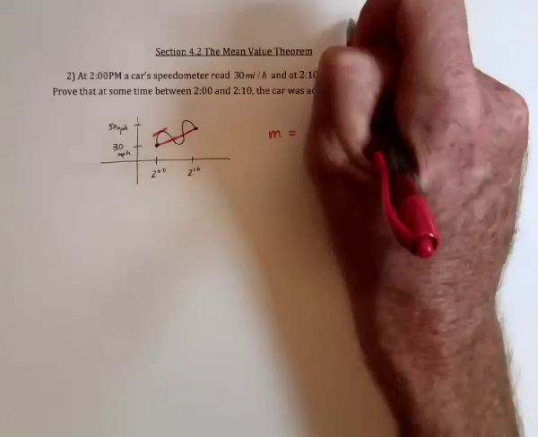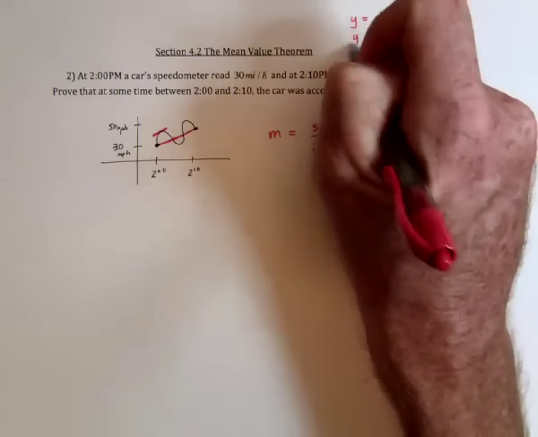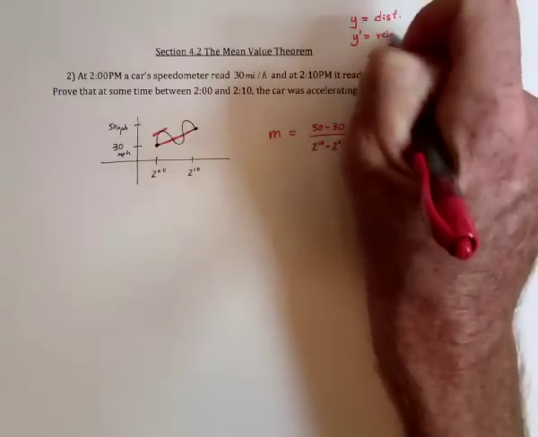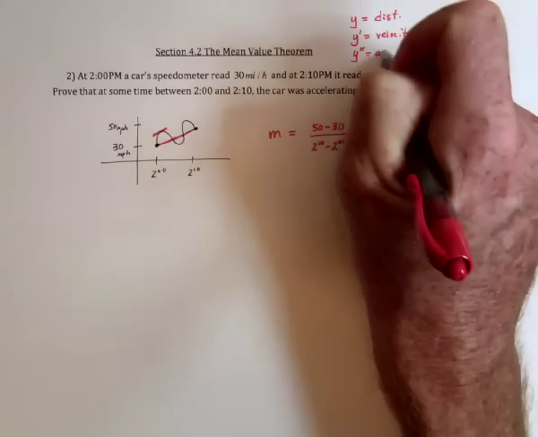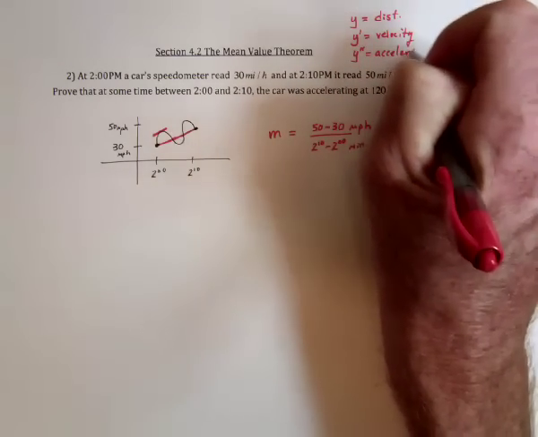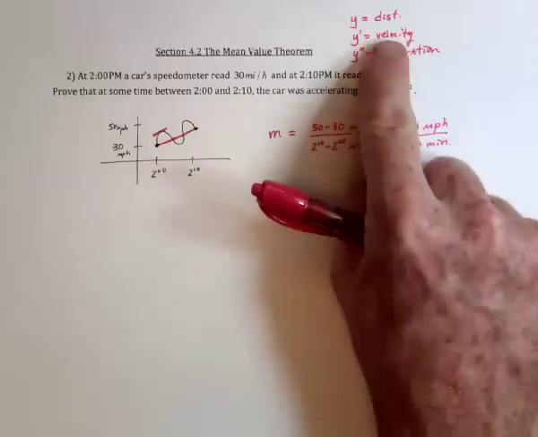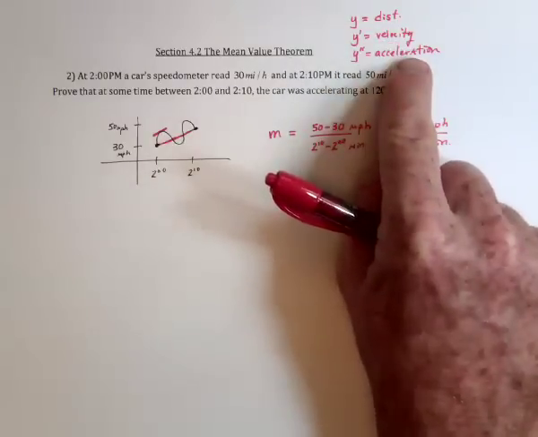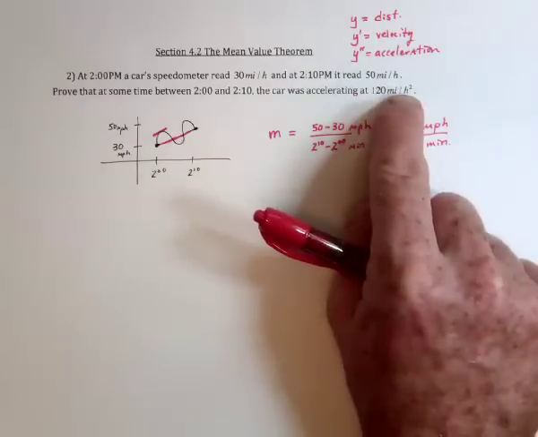So the original function would be distance, the derivative would be velocity, and the second derivative would be acceleration, how fast the velocity is changing over time. And then since this one is over time and this one is over time, again, we get the result, it's over time squared, hours squared.